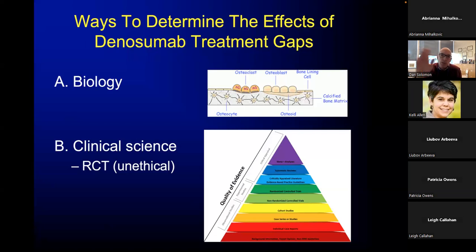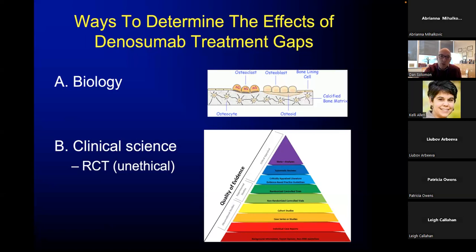It was kind of based on some biology, the pharmacokinetics that Amgen thought was important, but we're going to randomize you to a 12-month treatment gap. That wouldn't fly with an IRB. And so you can't do that. But we don't really know what's the right treatment gap. And this became really important during the COVID pandemic, where it was sometimes hard to get people in. Like, how important was 6 months versus 7 months versus 9 months versus 12 months?